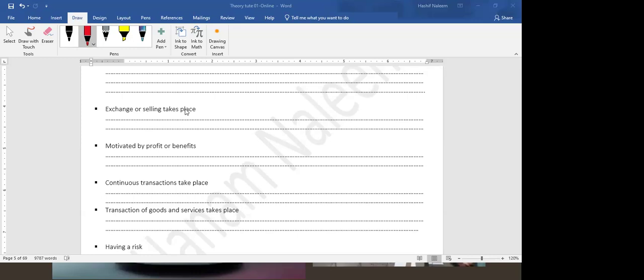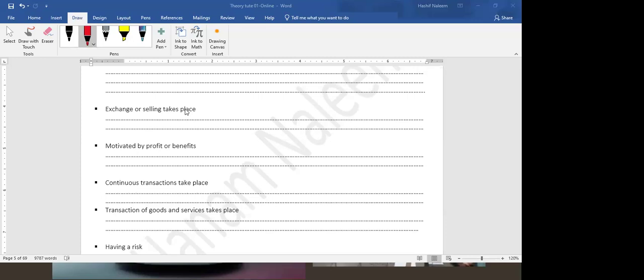In the home garden case, you used the carrots for your own consumption. You didn't give it to a customer or charge money. But in the second example, you gave the same carrots to an external person or your neighbor, you sold the product, charged some amount and got money. That is called exchange or selling taking place.